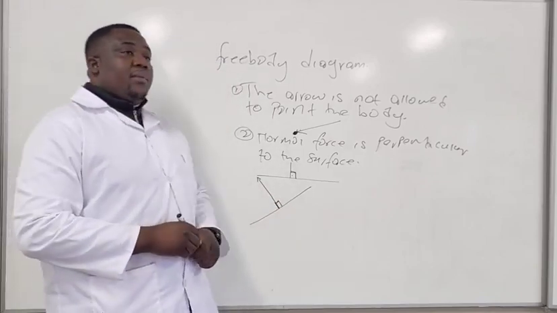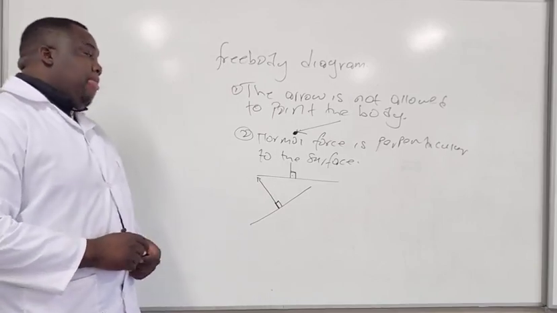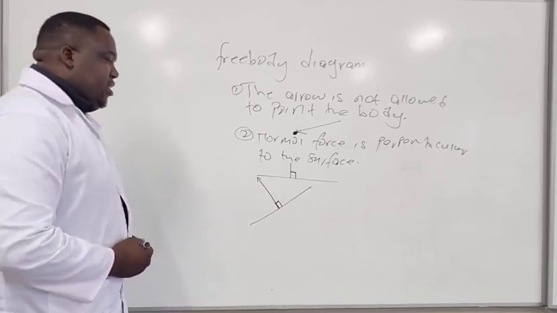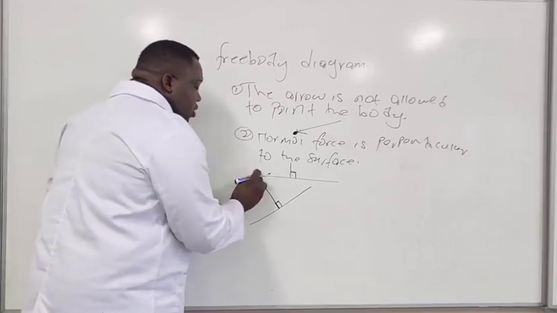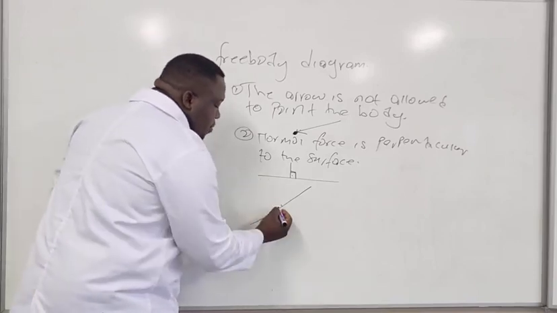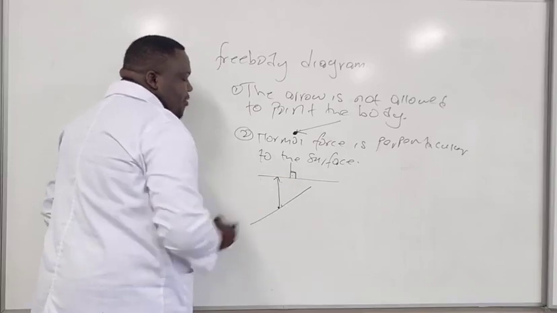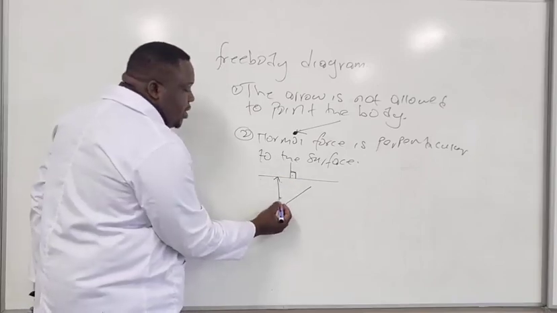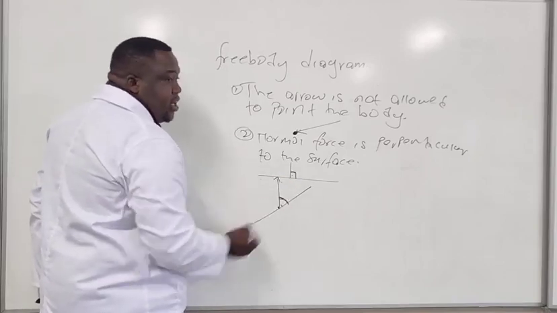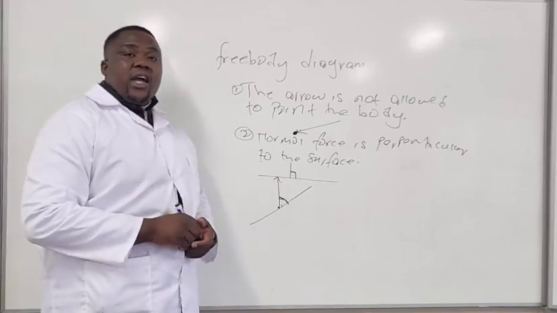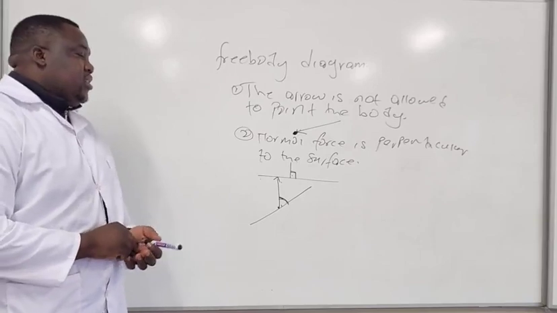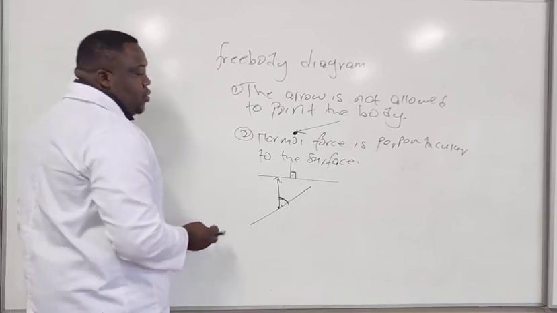We know that normal force is always pointing up, but it does not mean that we should forget that normal force is perpendicular to the surface. We can't draw it like this and say normal force is pointing up. What about this angle? This angle is not 90 degrees, and normal force must be 90 degrees with the surface. It is perpendicular to the surface.